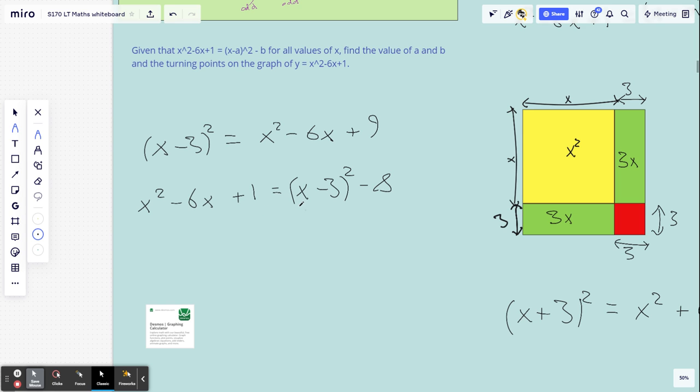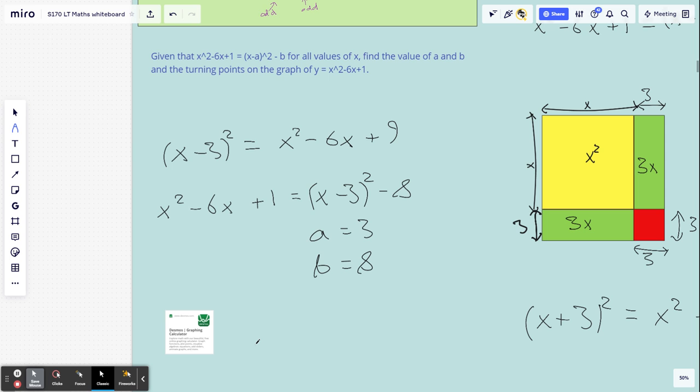And then if you do y is equal to this equation, you'll see that the graphs are identical. They overlap one on top of one another. So we have correctly completed that. Now that means that a is therefore equal to not -3 but 3, and that b is equal to 8.